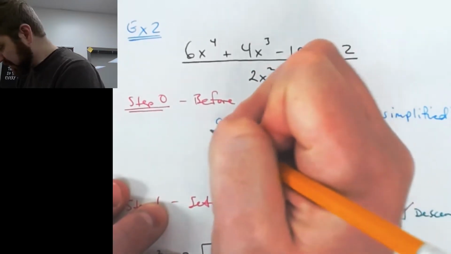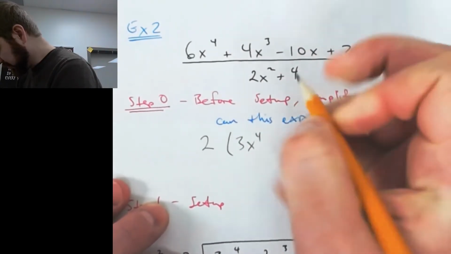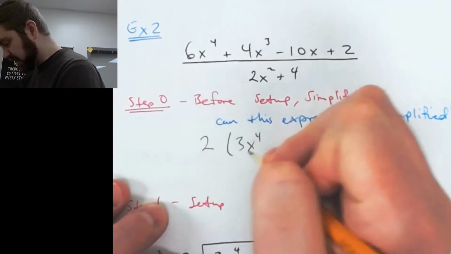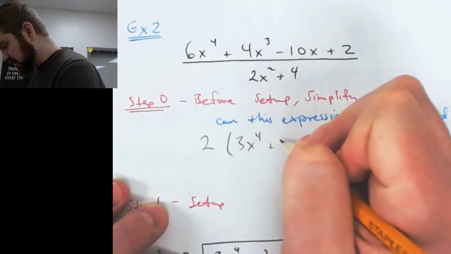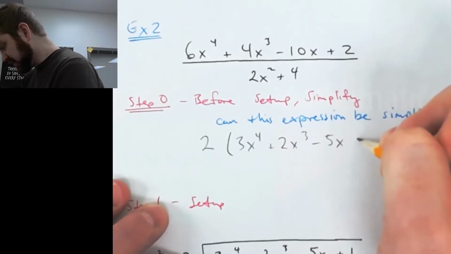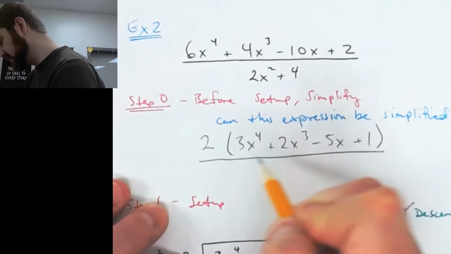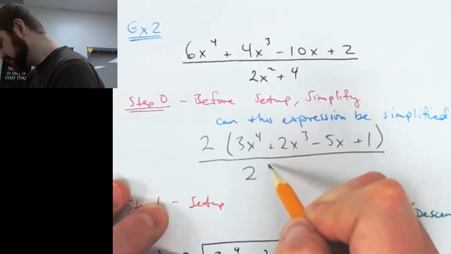So if we pull out a factor of 2 out of the numerator, we get a 2 out front, open bracket, 3x to the power 4, plus 2x cubed minus 5x plus 1. I'm going to do the same thing for the denominator.